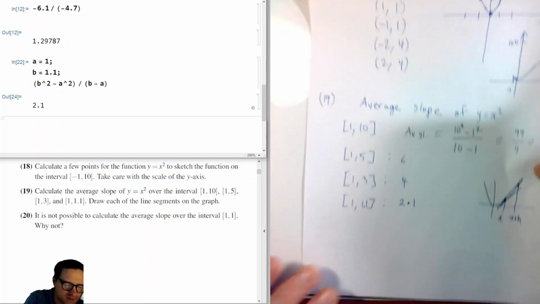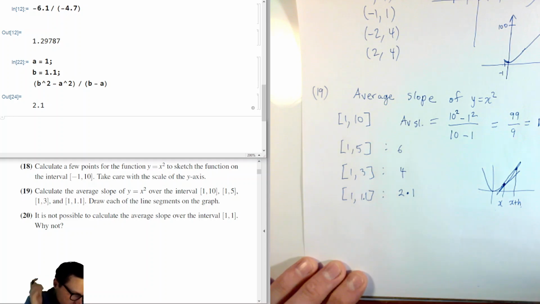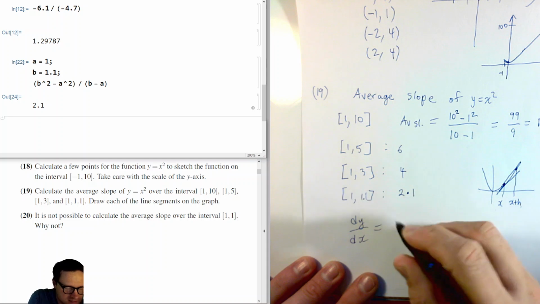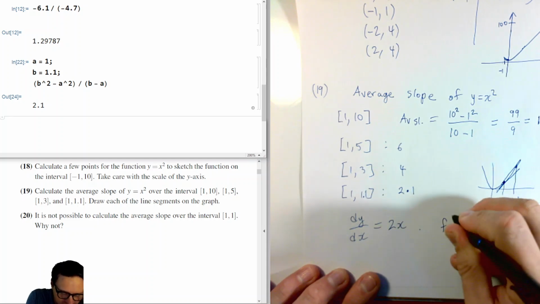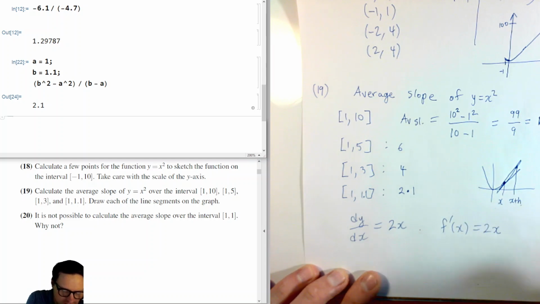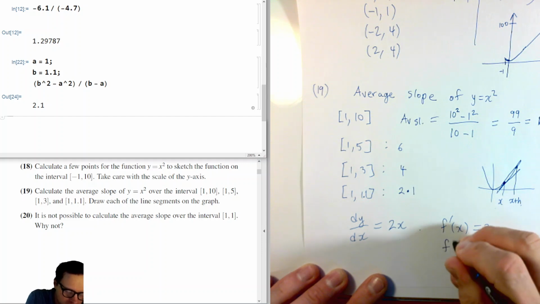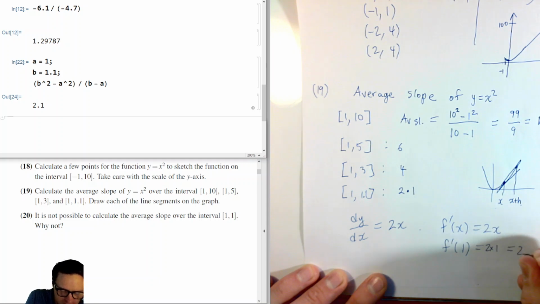Now, if we differentiated the function y equals x squared, so dy on dx is equal to 2x, and so this says f dash of x is 2x, and so then if we substitute in x is 1, f dash of 1 is 2 times 1, which is 2.